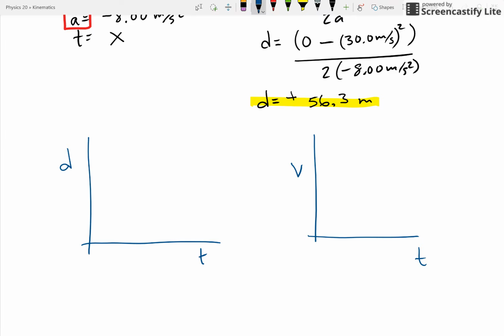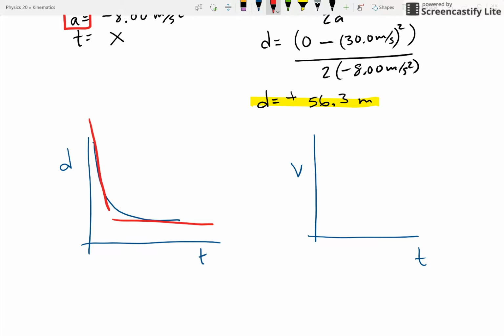So we have to have an accelerated motion graph for position time, which is a curve, with a high velocity that goes to a 0 velocity. So you know that the tangent of this line shows a high velocity, and then eventually it will go to 0. So the slope of that line would be the velocity.